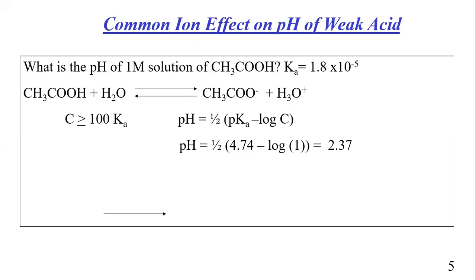No, you shouldn't have to think about it at all. If you want to check this, then you ask yourself, is this pH less than pKa minus 1? But of course, you don't need to do the check because you already started with C greater than 100 Ka, so you already used the correct equation.